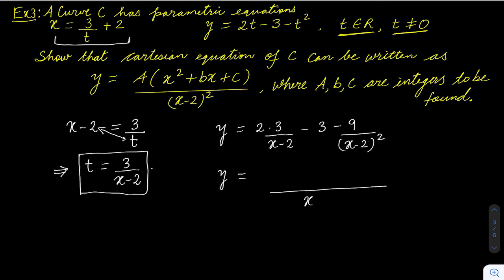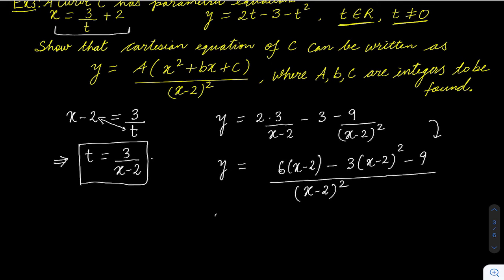So I can make x minus 2 whole square everywhere. So this is 3 times 2 is 6, so 6 into x minus 2 minus 3 into x minus 2 whole square minus 9. By taking the LCM, I am simplifying this.